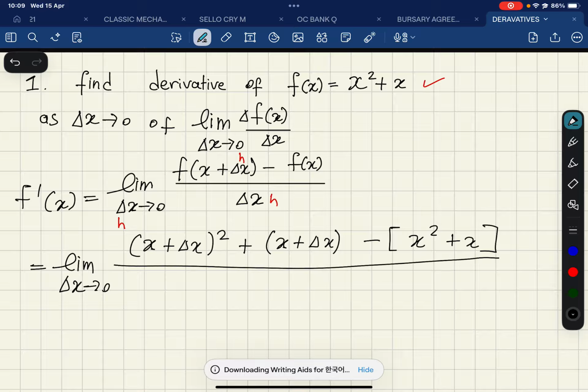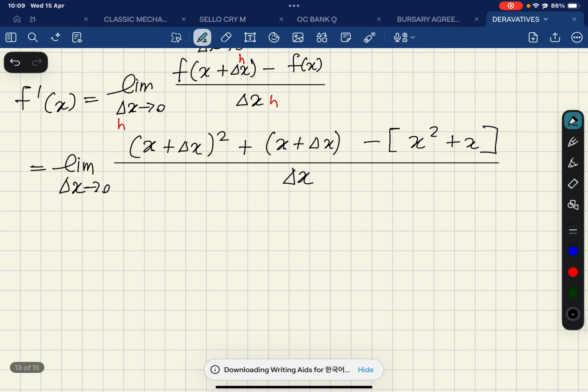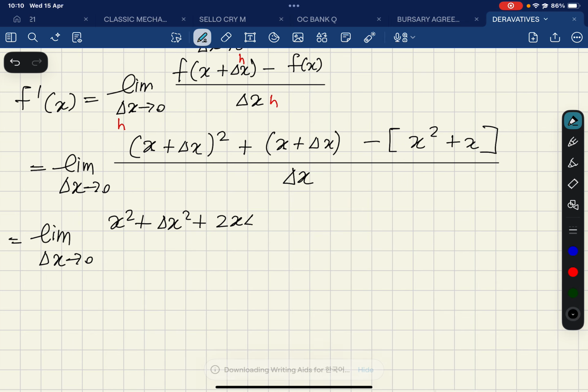From there I divide everything by the change in x. Then from there I start to simplify, multiplying those brackets. So I will have x squared plus the change in x squared plus 2 times x times change in x, plus the x plus the change in x, minus x squared minus x.